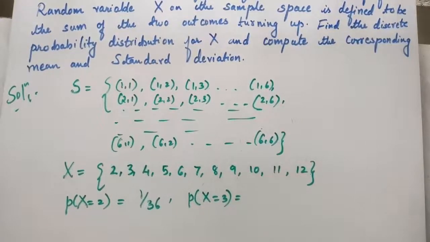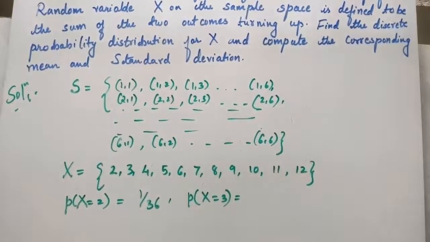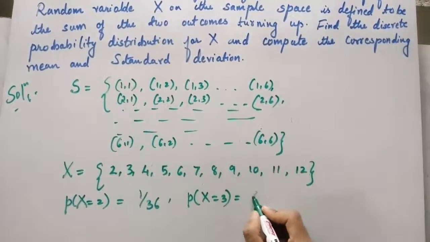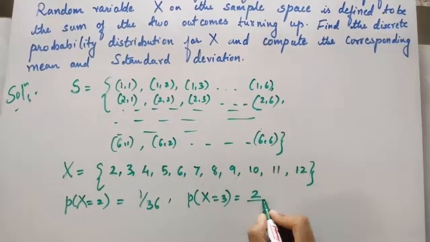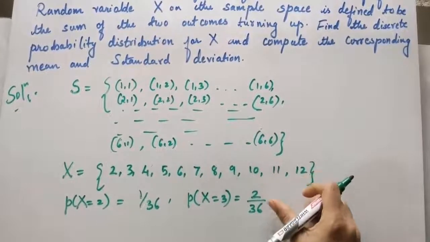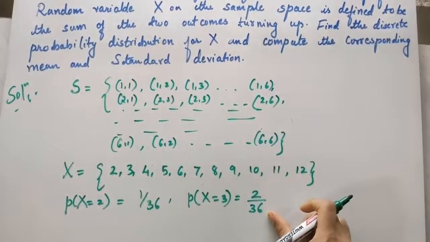No further combination of numbers from 1 to 6 will give you the sum 3 except (1,2) and (2,1). Since out of 36 only two are giving such a result, it will be 2 divided by 36: the number of favorable outcomes divided by the total number in the sample space.